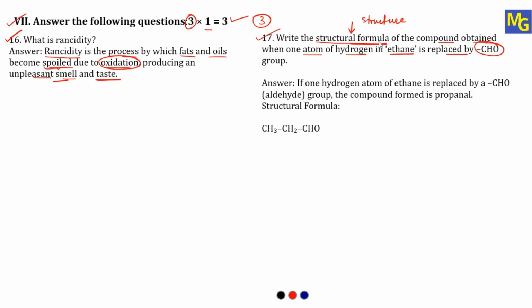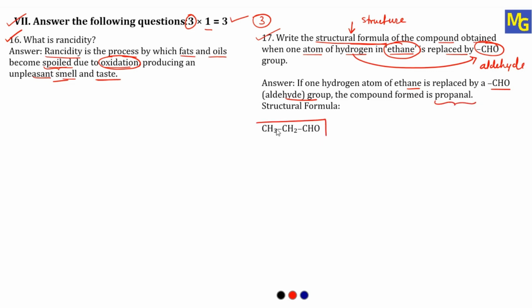So we have to draw the structural formula of ethane, but in this ethane, one hydrogen we have to replace by the CHO group. And the CHO group is nothing but what? It is the functional group of aldehyde. Now see the answer. If one hydrogen atom of ethane is replaced by CHO, that is the aldehyde group, the compound formed is propanal. Propanal.